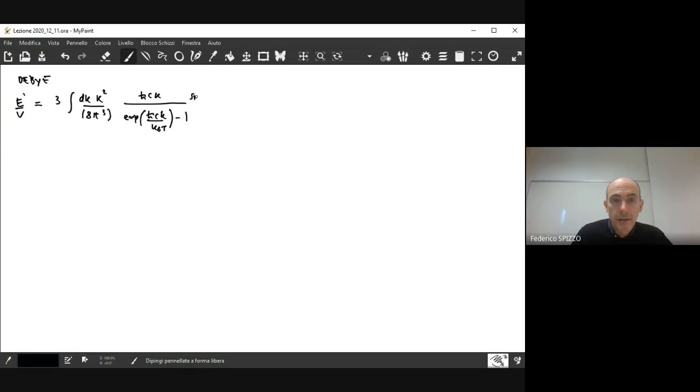Then I have the integral over the angular variable, but in this case nothing depends on the angular variable, so I have a 4π here. I may simplify this 4π with this (2π)^3, so I have a (2π)^2 at the denominator.